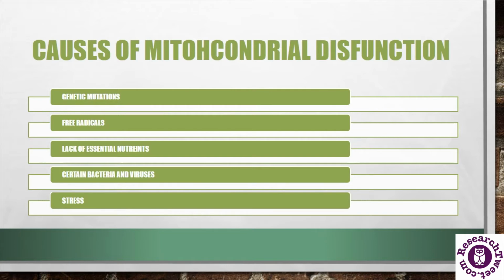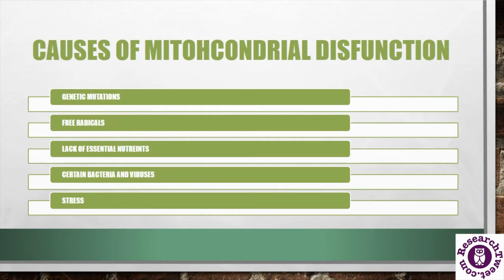Another type of inheritance is mitochondrial inheritance, in which mitochondrial DNA is inherited from the mother to her child. In that condition there is a 100% chance that the child will have mitochondrial dysfunctioning when his or her mother is affected by these diseases.